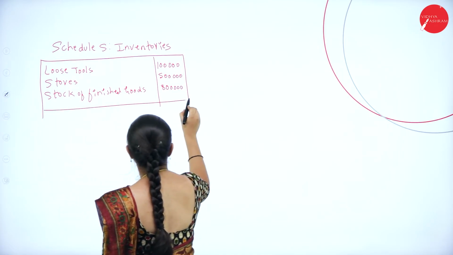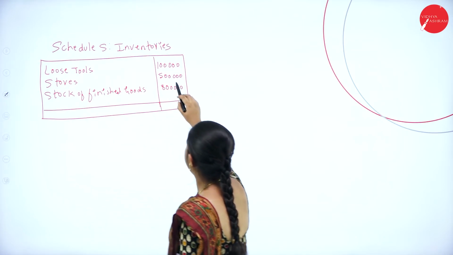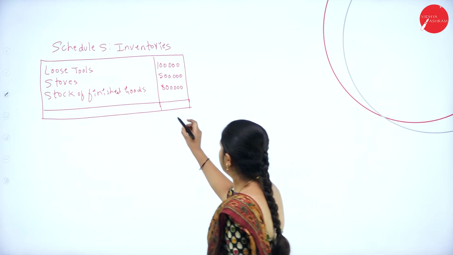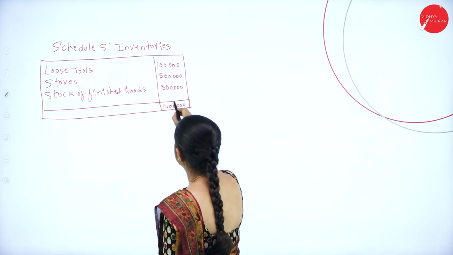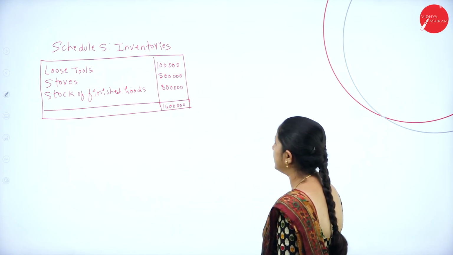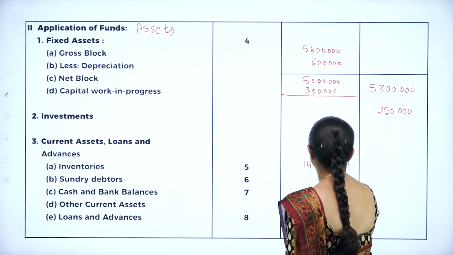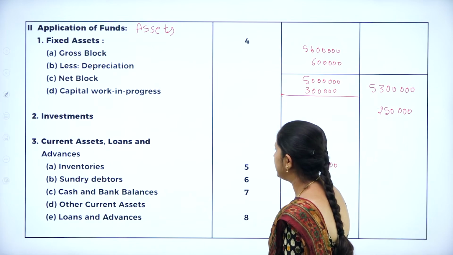Now make a total. 8 lakh plus 5 lakh plus 1 lakh. Total 14 lakh. So write 14 lakh for inventories. Next, sundry debtors.